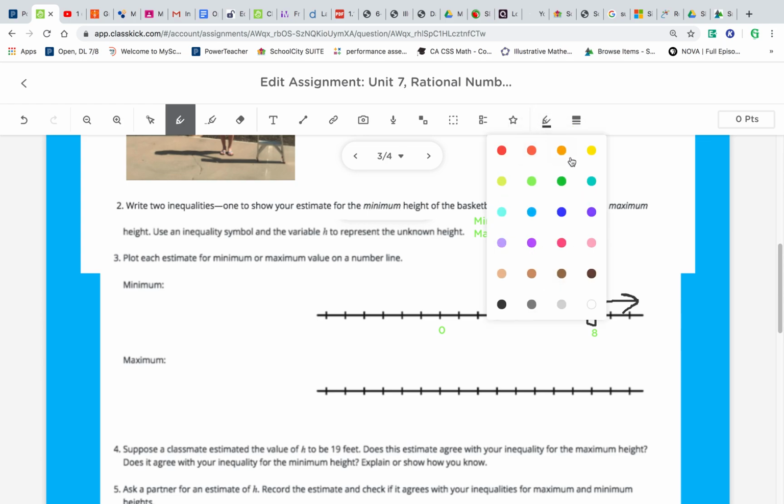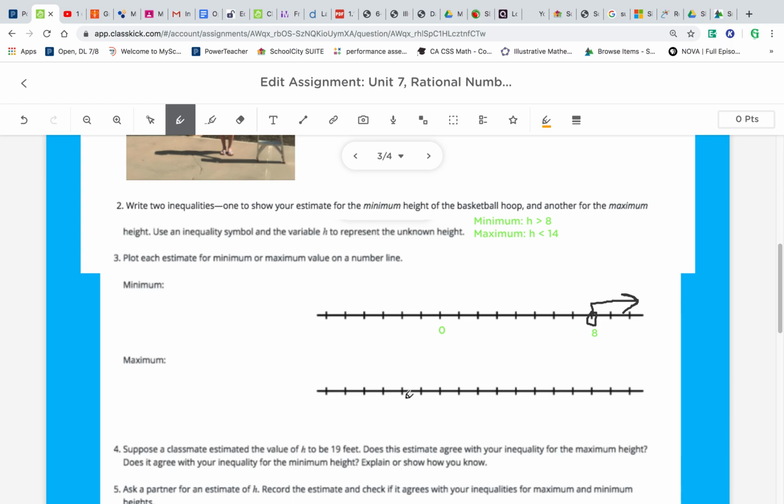All right, I'll use a different color for the next one here. So for the maximum, if h has to be less than 14, then we need to make sure we have 14 on the number line. Why don't we put 0 at the very beginning for this one? See if we can count to 14. 1, 2, 3, 4, 5, 6, 7, 8, 9, 10, 11, 12, 13, 14.